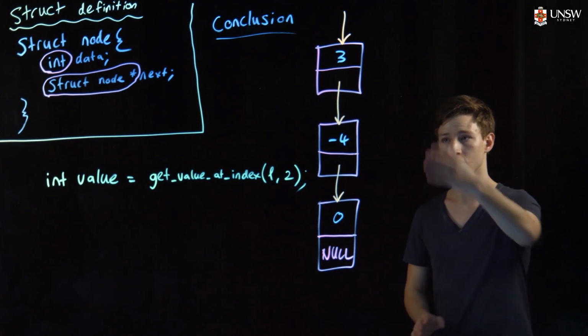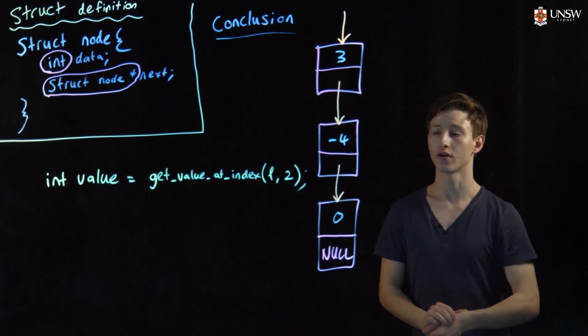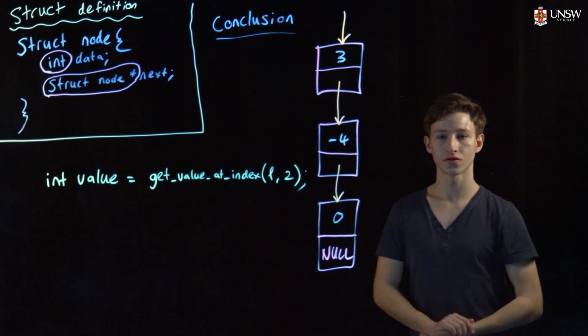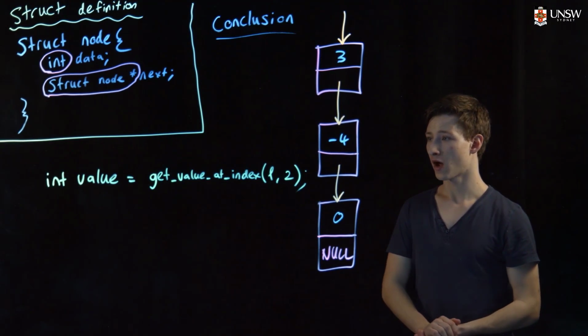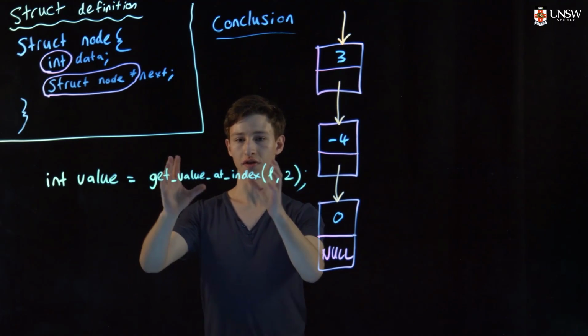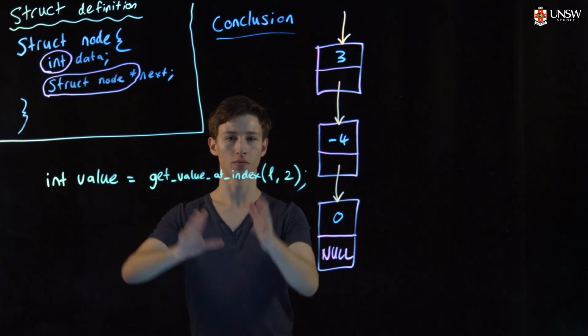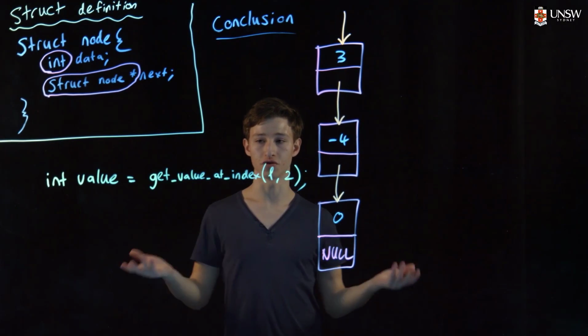Now, over here, I've got another linked list, this time with 3 nodes, and they've got some negatives and 0 values, just to mix it up a little bit. And we're going to use this statement over here using this function, get value at index. Now, this is a homework problem that I'm going to leave for you guys to do if you choose to.